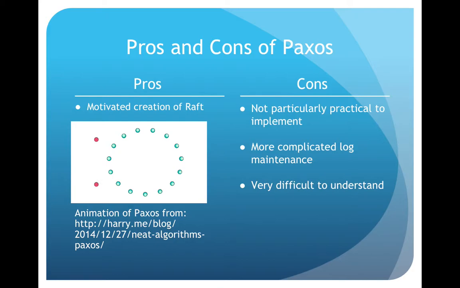So the creators wanted something that was more intuitive and understandable. This made Raft significantly easier to implement in practical systems, as they designed the algorithm with that in mind. Since Raft is functionally equivalent to Paxos, there is not much of a reason to use Paxos today.